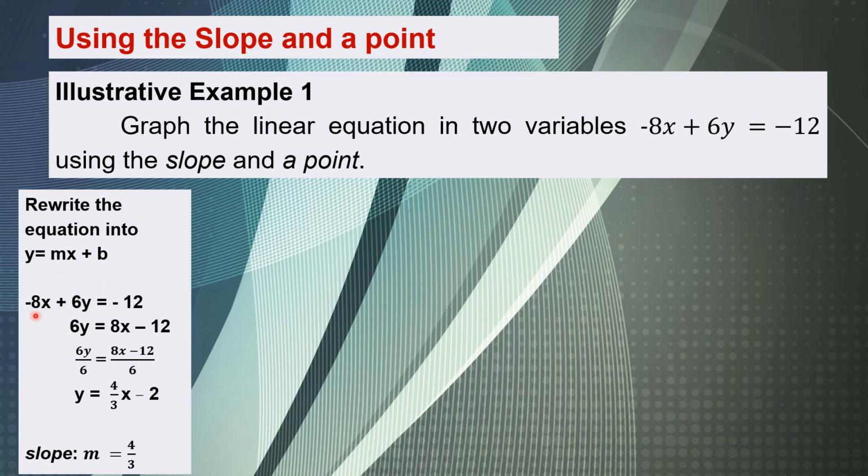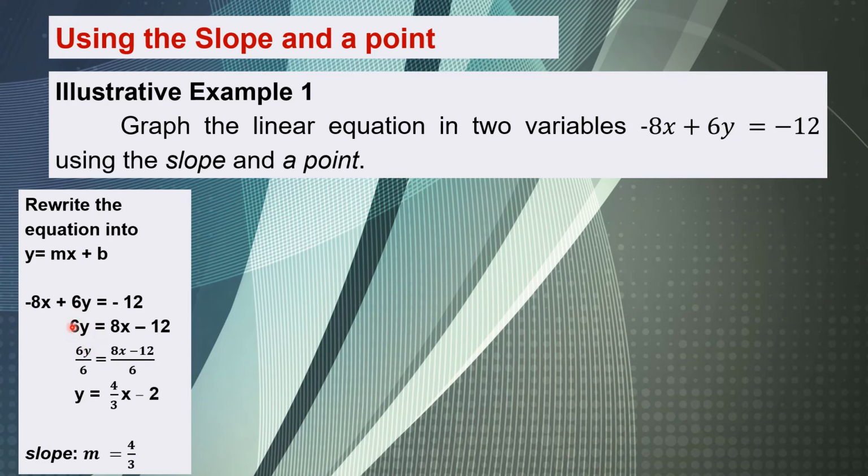So to rewrite negative 8x plus 6y equals negative 12 into this form, kailangan nating mailipat ang negative 8x dito sa ating right side ng ating equation. So, pag nilipat natin ang negative 8x, magiging positive 8x siya. And then just copy negative 12 and our 6y equal sign.